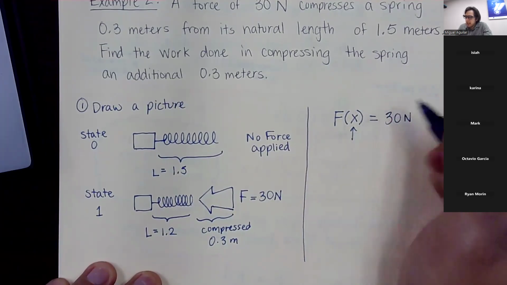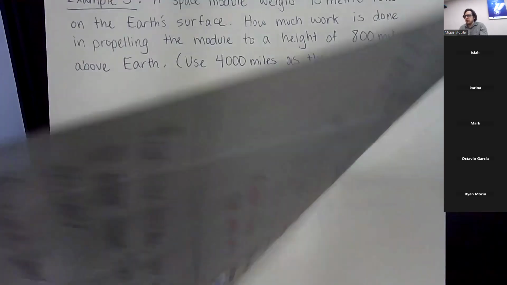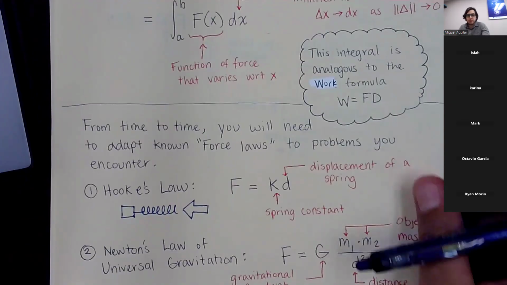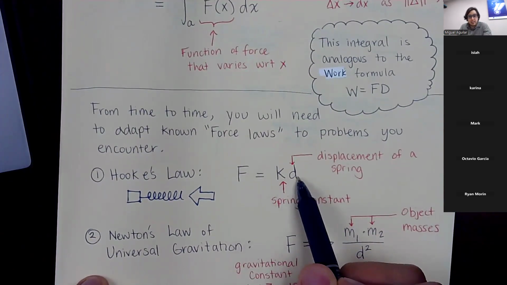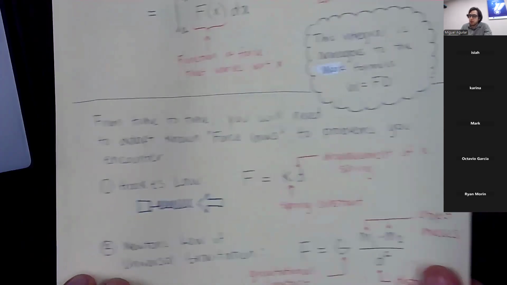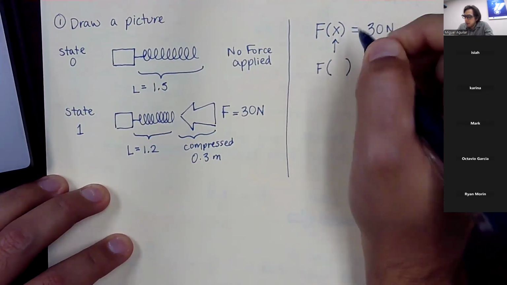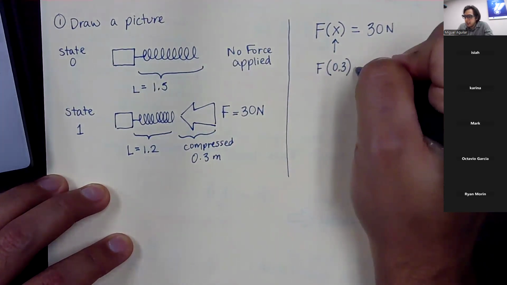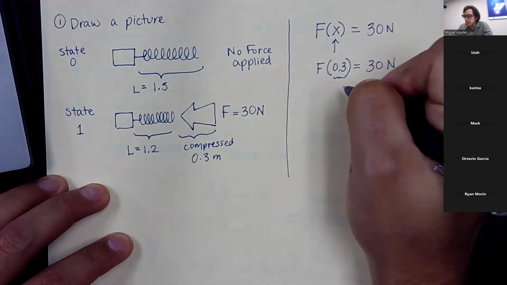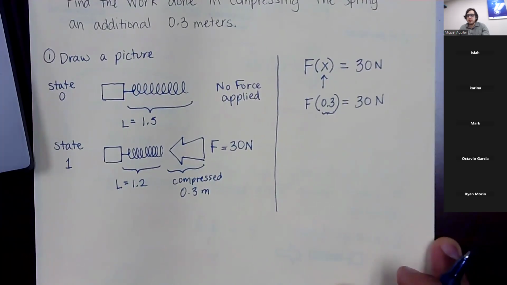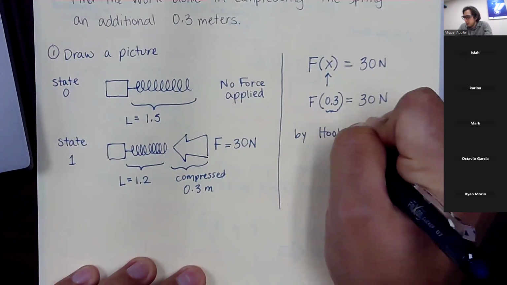However, we know this x value because if we go back to our definition of Hooke's law, Hooke's law says that force is a function of this distance, right? That distance of compression. So we could represent this as F of 0.3 is equal to 30 N, right? Where 0.3 is our x value.